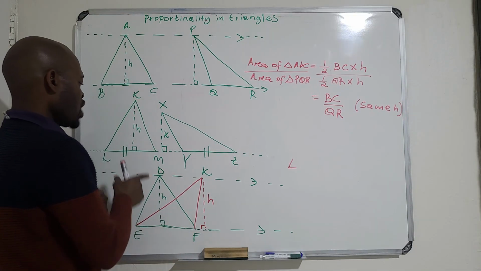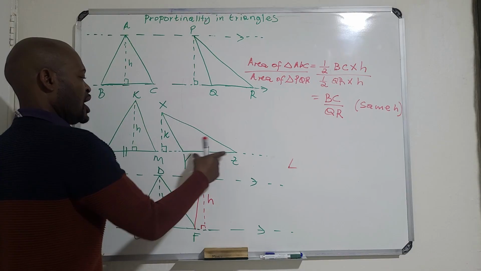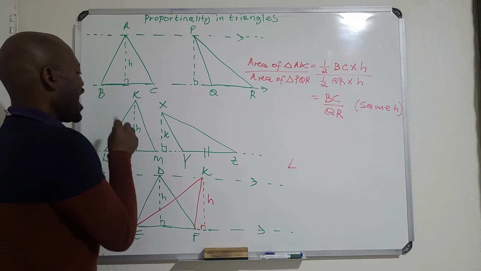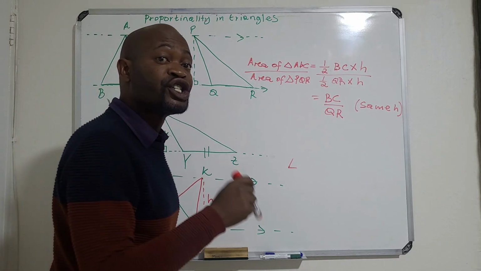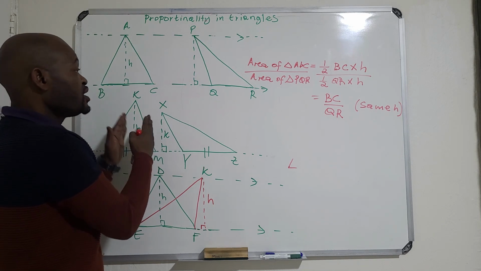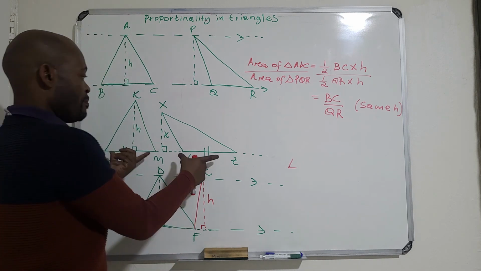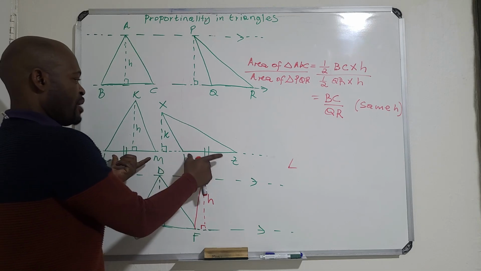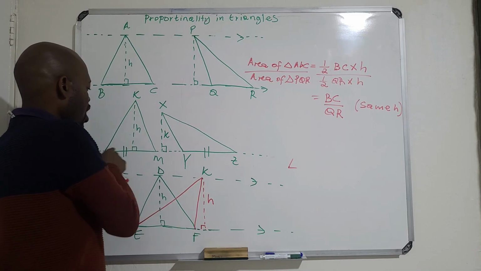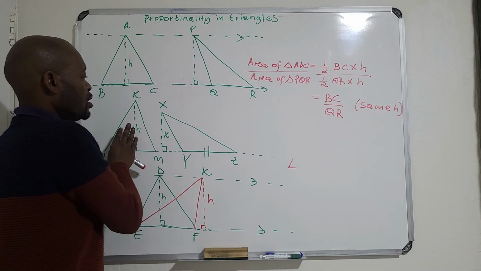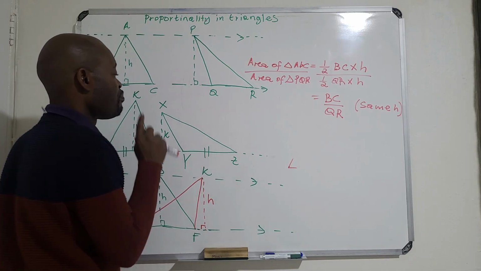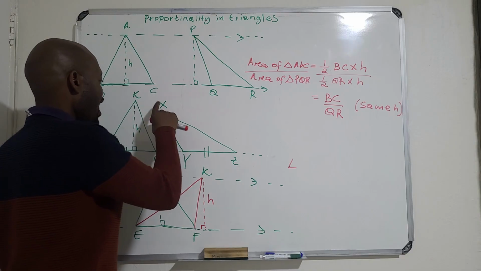Now, if two triangles have equal bases, then their areas are proportional to their heights. In this case, our heights are not the same, but our bases are the same. If our bases are the same and heights are not the same, the area of this triangle over the area of this triangle is going to be proportional to the heights.